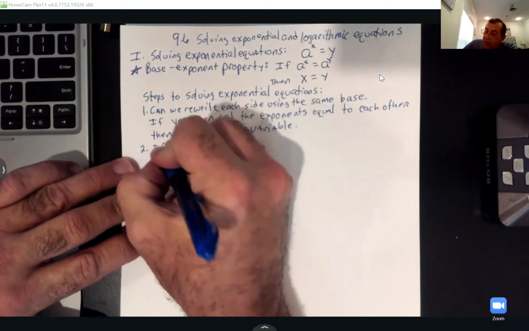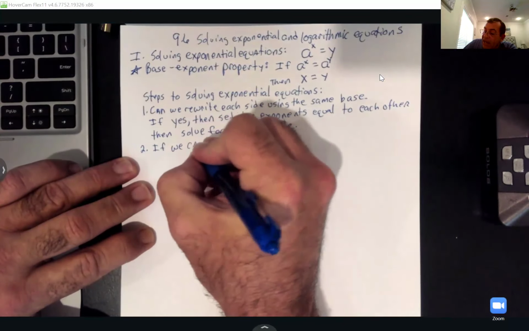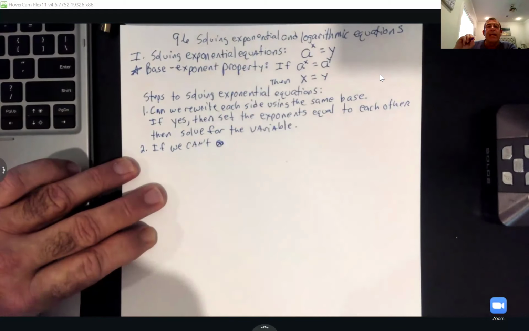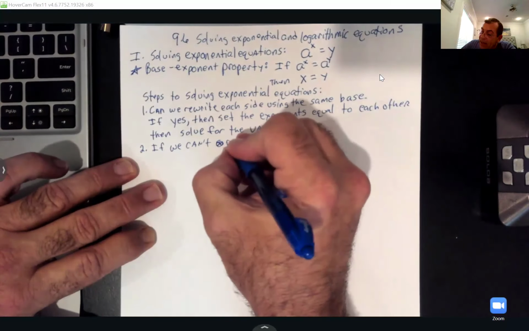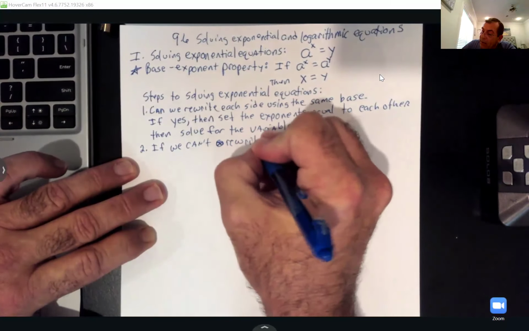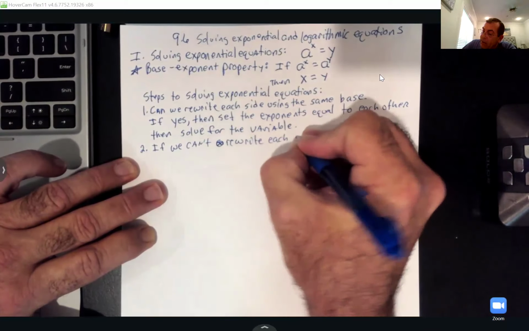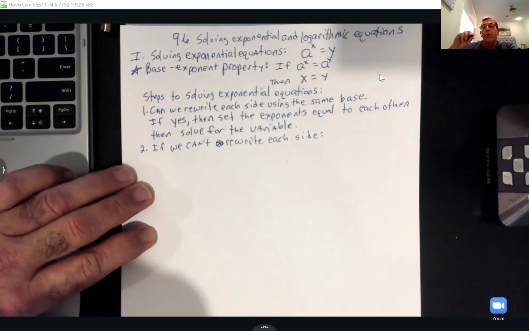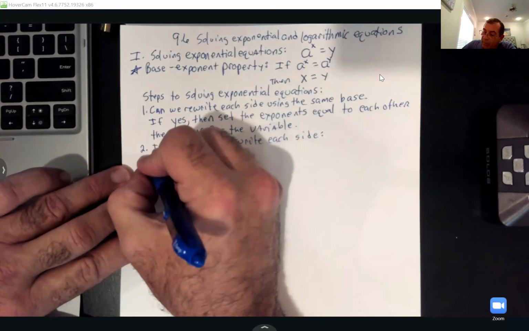But if we can't rewrite each side, then we have to solve it doing the following steps.